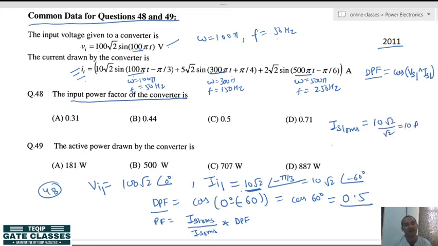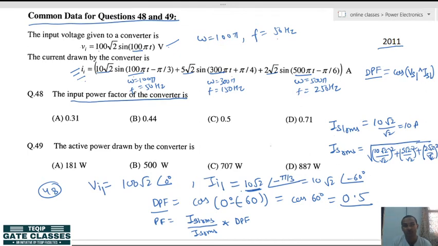And what is Is RMS? Whatever peak values you have got, square and add them. All right. So you will get 10 root 2 by root 2 whole square plus 5 root 2 by root 2 whole square plus 2 root 2 by root 2 whole square.